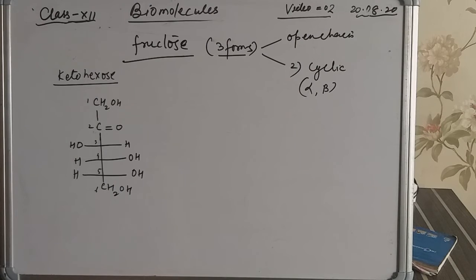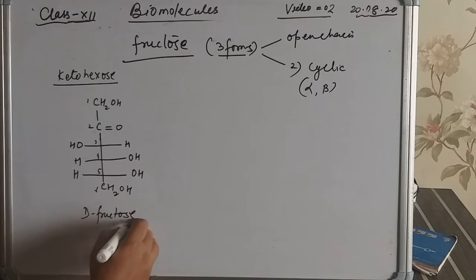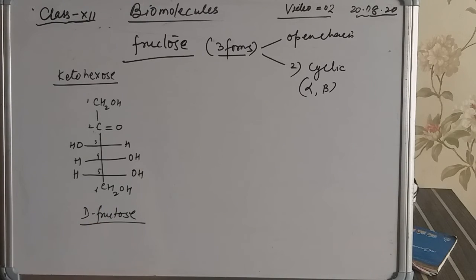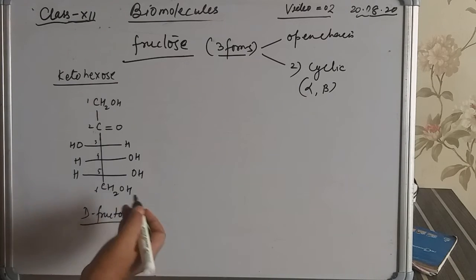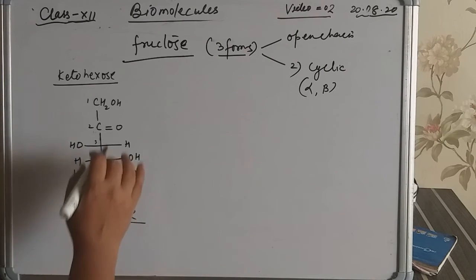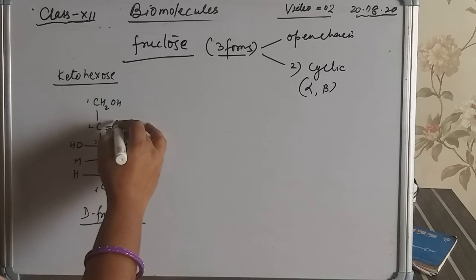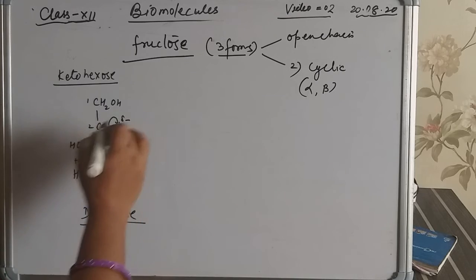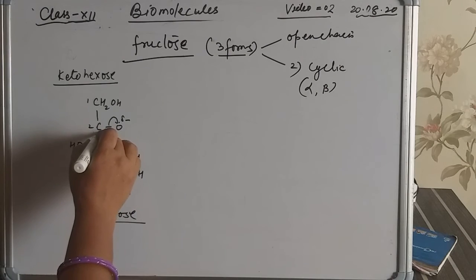Here the cyclic form of D-fructose. D-fructose means the position of the OH group is on the right-hand side. It is the most naturally occurring form of this ketohexose. Here the pi bond electrons shift, so oxygen acquires a negative charge and the carbon acquires a positive charge.